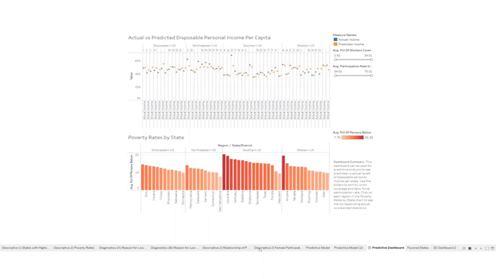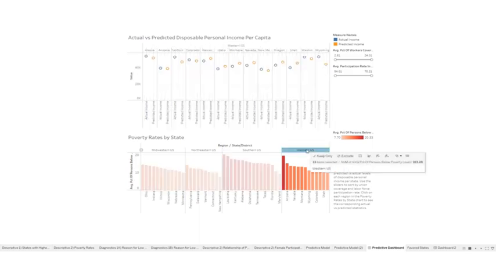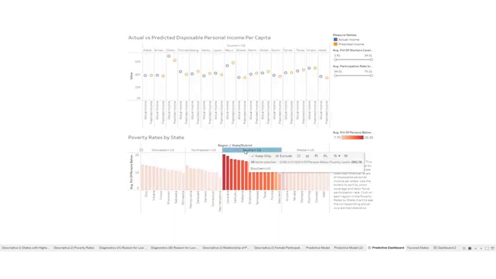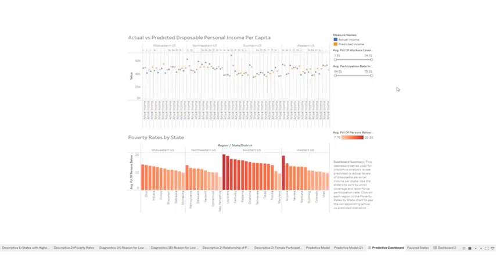So taking a look at this predictive dashboard, we can see that we can sort by region. So Western United States, Southern United States here. On the bottom, we have our poverty rates by state, but really the predictive portion of this model is up here.